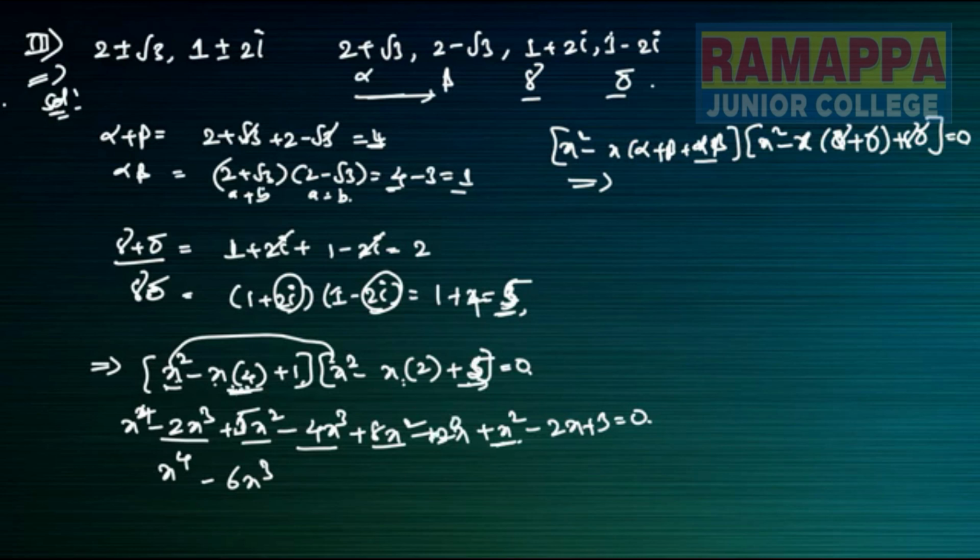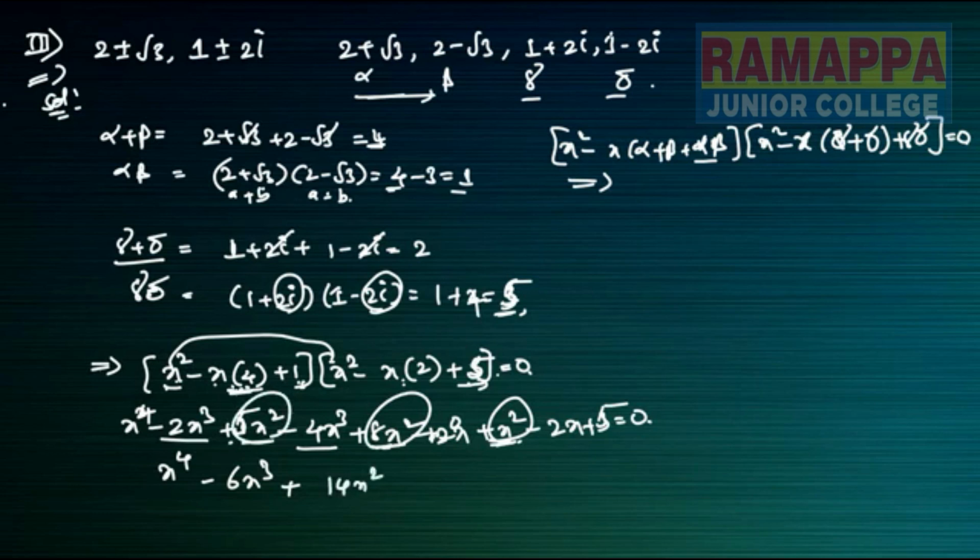So this 1 into x square will come as 5x square plus 8x square, plus the 1x square, is equal to 14, so plus 14x square.